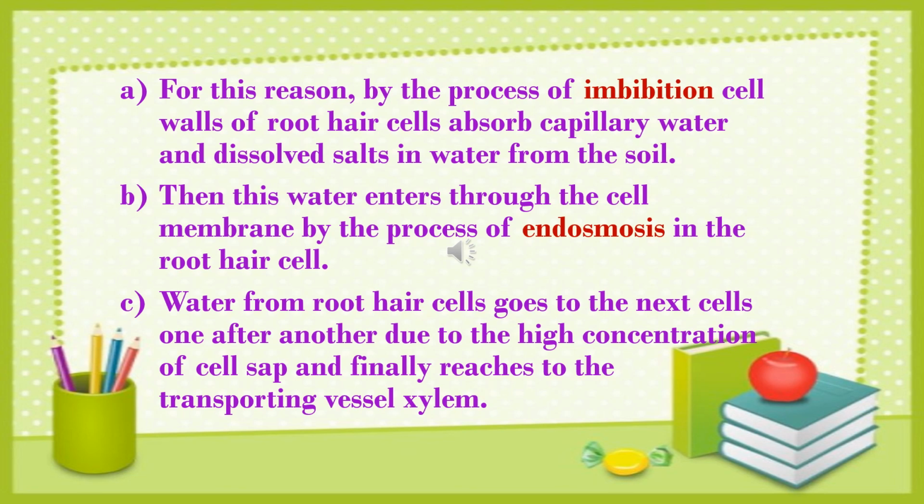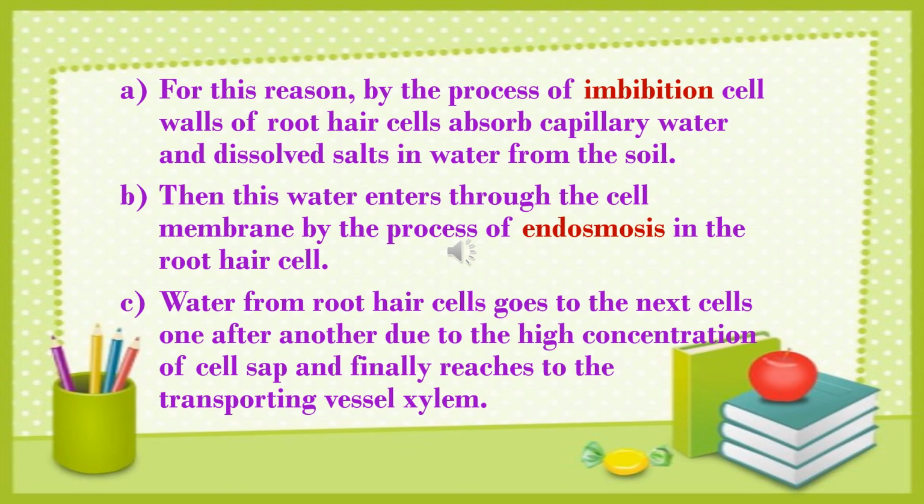Let's see how xylem vessels carry water to the leaves, that means transport water from the root hair cells to the leaves. First of all, the water from the soil enters the root hair cell by the process of imbibition. Water only crosses the cell wall. After that, this capillary water has to pass the cell membrane.